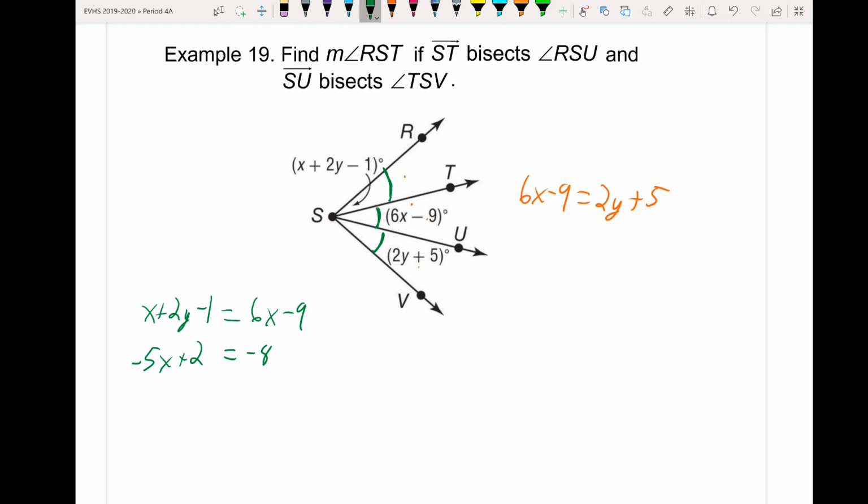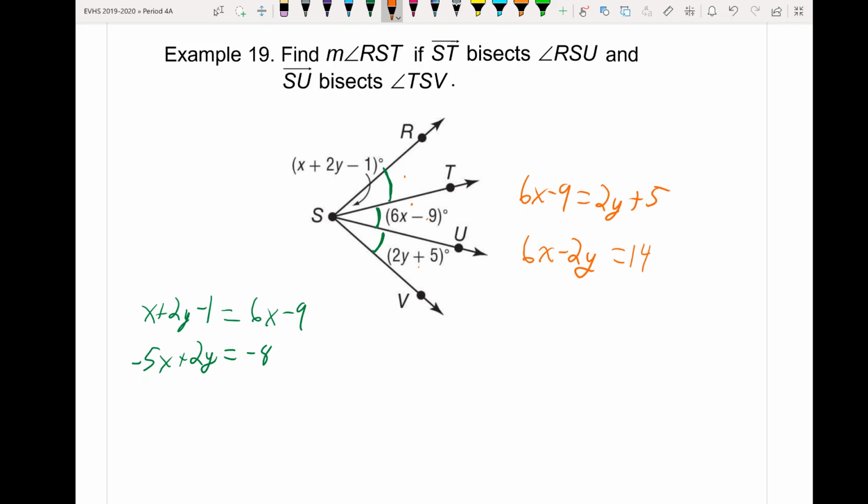Oh, wait. There should have been a 2y. Okay, similar idea with this one. I want all my variables on the left. So 6x minus 2y. Now add 9 is going to give me equals 14. Are we okay with those two manipulations? Variables on one side, numbers on the other.